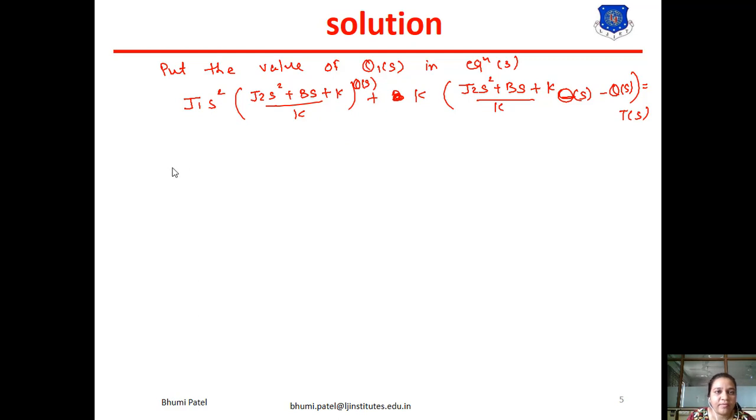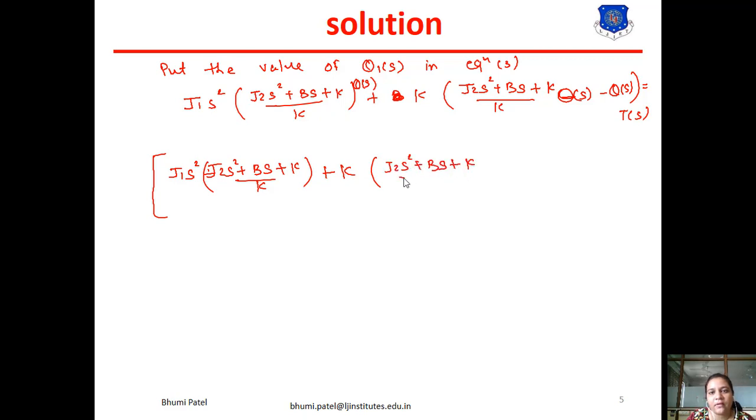So simplify this equation, we can get J1 square plus in bracket J2 square plus bs plus k upon k plus k, J2 square plus bs plus k upon k minus 1, theta of s is equal to T of s.